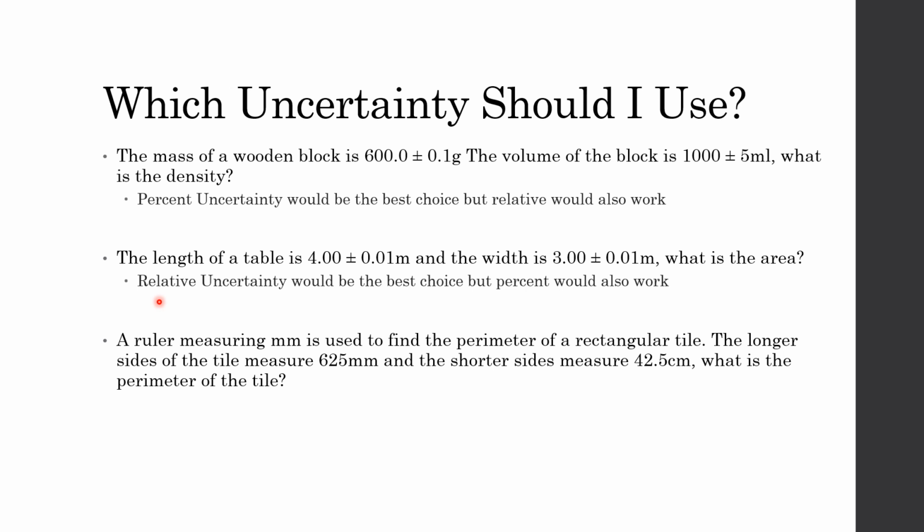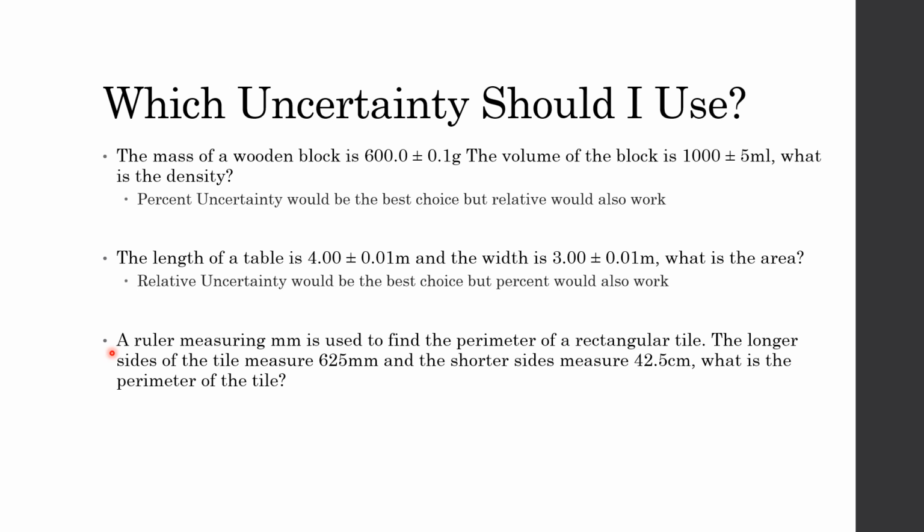The reason that I would use relative uncertainty is because it's a simpler calculation. There's no additional step where you're multiplying by 100 for percent uncertainty. And in this case, our measurement and our uncertainty are not so different, and so we don't really have to worry about losing the precision of our uncertainty because there's that huge difference between the measurement and the uncertainty.